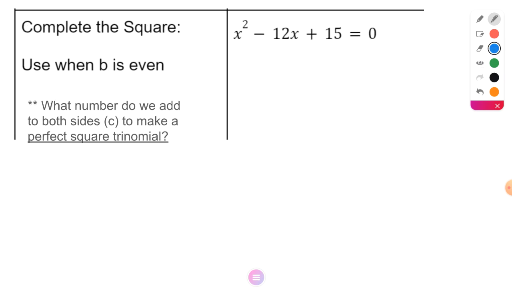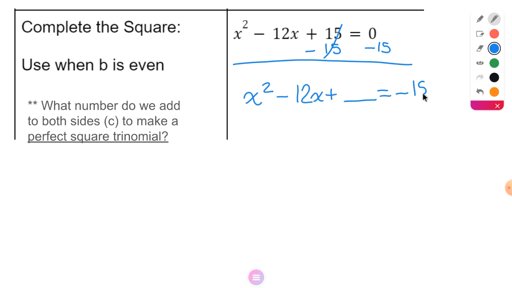All right, completing the square. B has to be even, and my A term also has to be 1. So I'm going to first move my C term to the right-hand side. X squared minus 12x plus something equals -15 plus something.